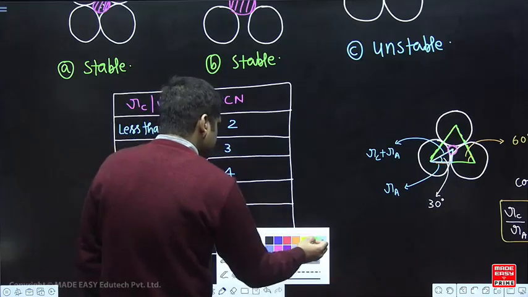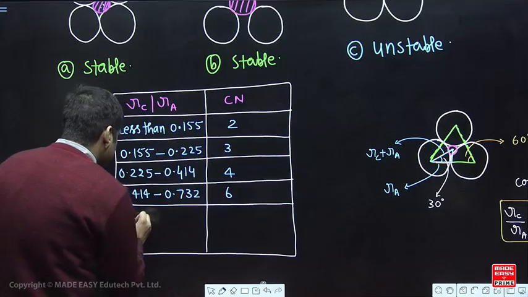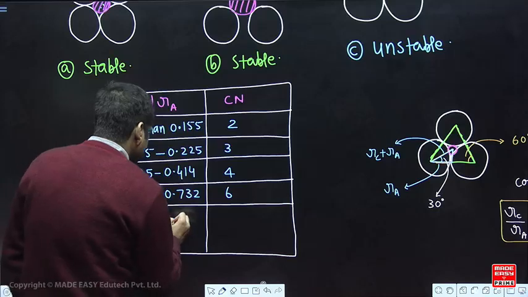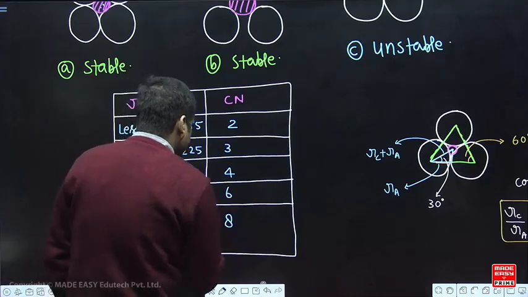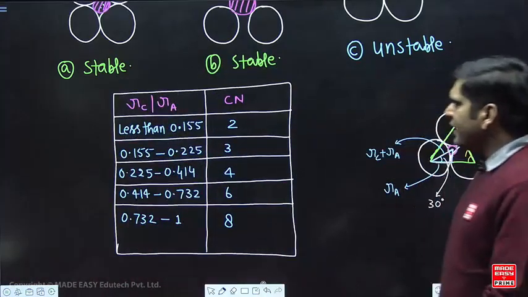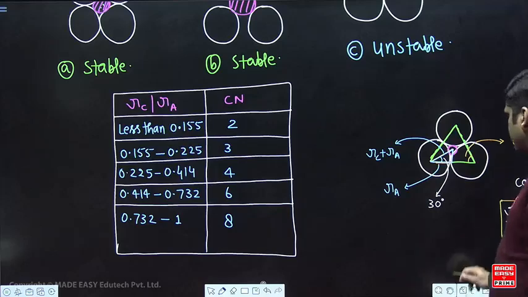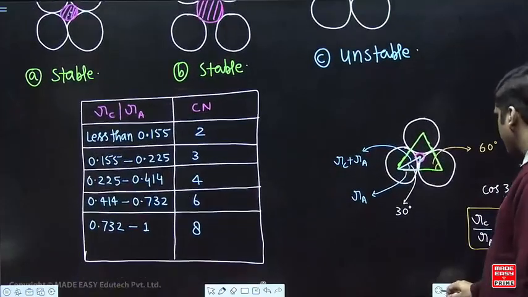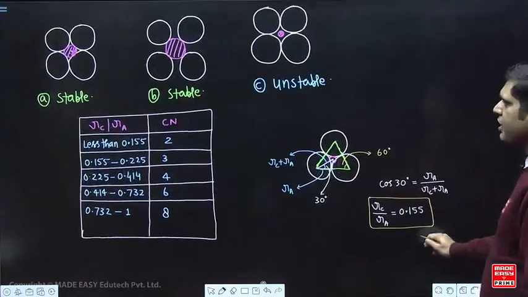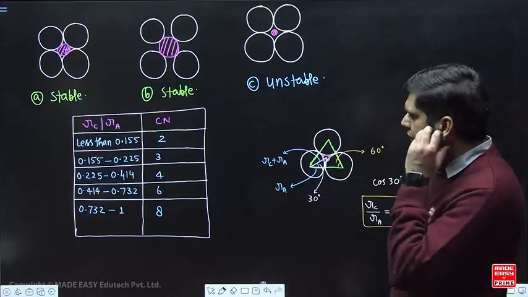And if it is 0.732 to 1, then it is 8, right? So more than 8 coordination number is not possible with ionic compounds. Ionic compounds can exhibit a maximum coordination number of 8.